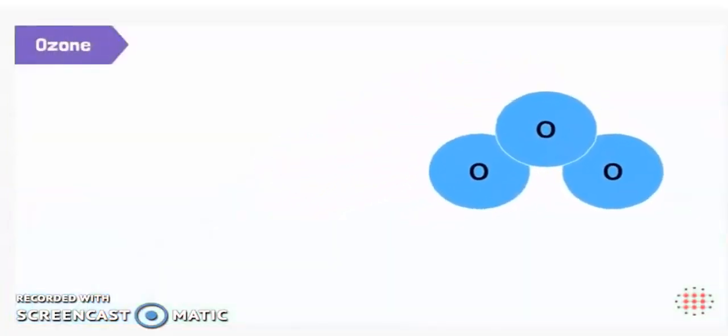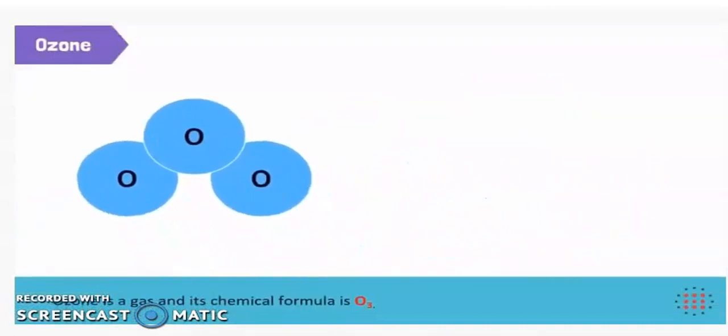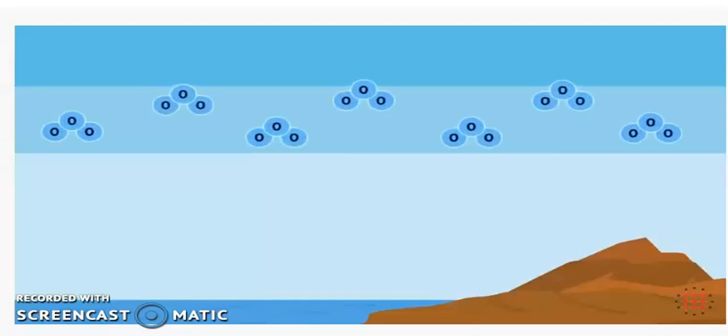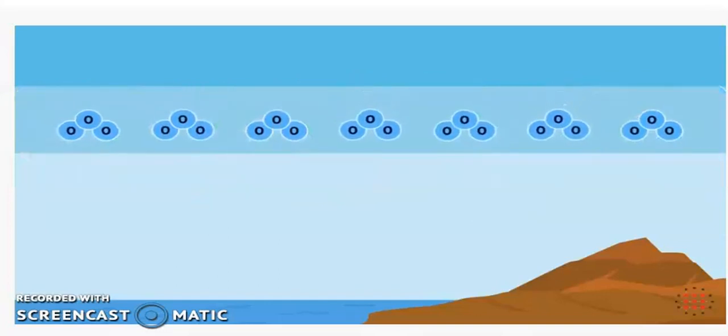Ozone is a gas with 3 atoms of oxygen in a molecule and the formula is O3. The highest concentration of the ozone gas is found in the stratosphere, but its amount is still small. Despite its small amount, the ozone layer performs a very important function.